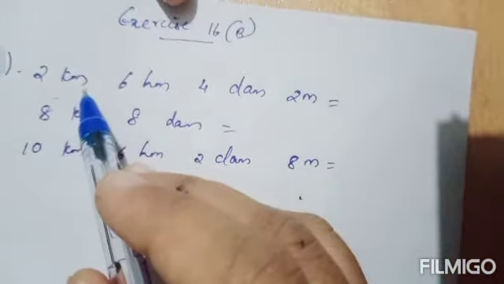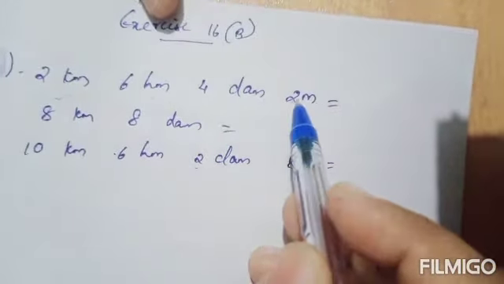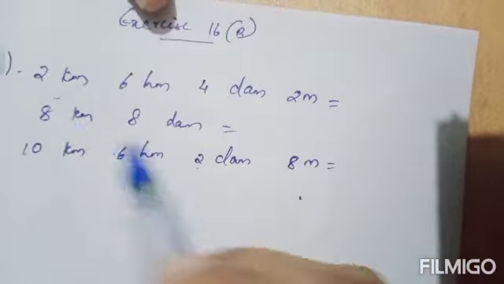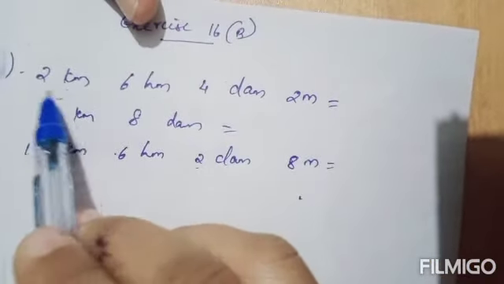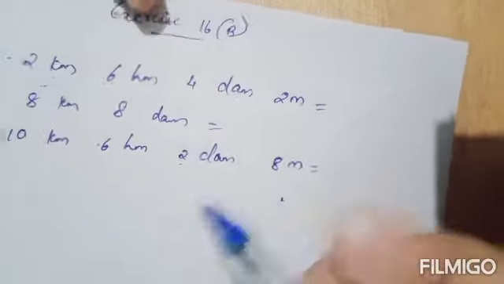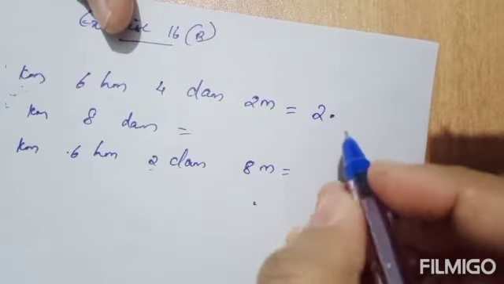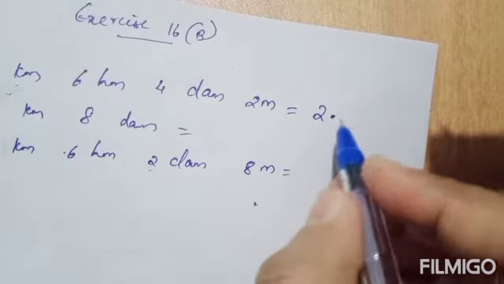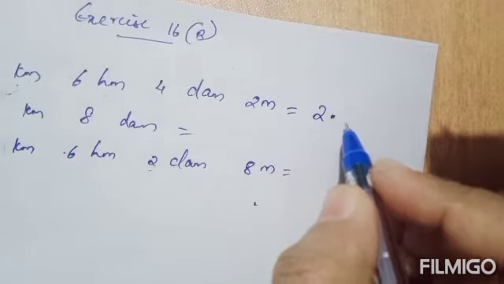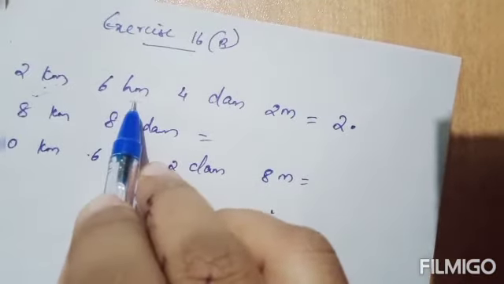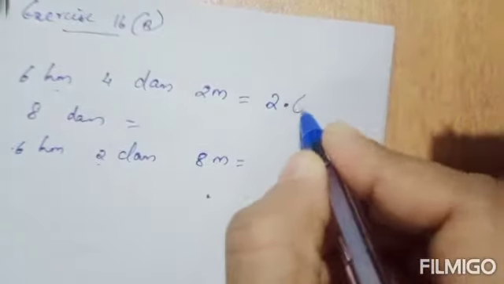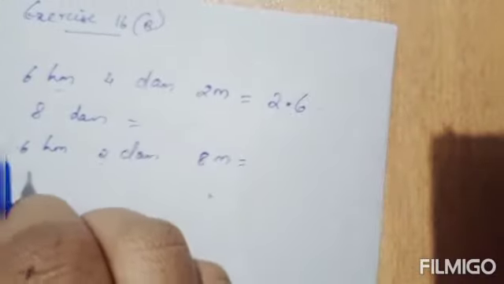Okay, so 2 kilometer, 6 hectometer, 4 decameter, 2 meter. You know how to write this in decimal notation. First, kilometer in the number part, before the decimal, kilometer will come. So 2 point you can write. Then in the 10th place it will be hectometer, so 6 will come in the 10th place.